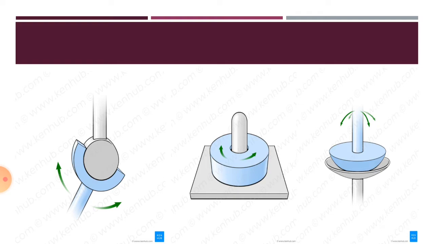The next is condyloid or ellipsoid, and this is a biaxial joint which allows movement in two planes, and the example includes the wrist joint.